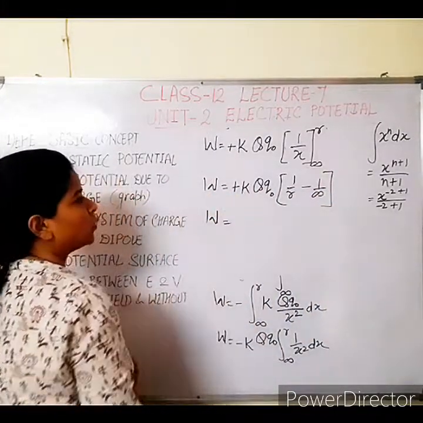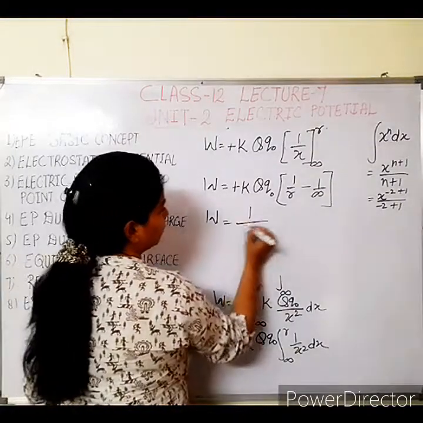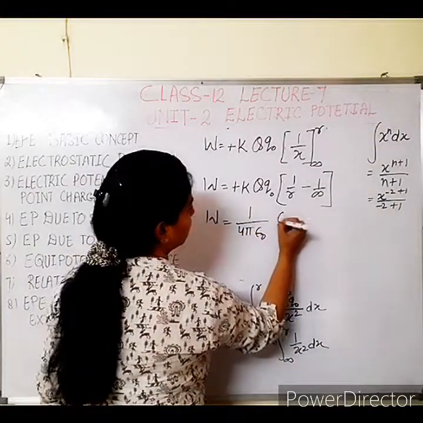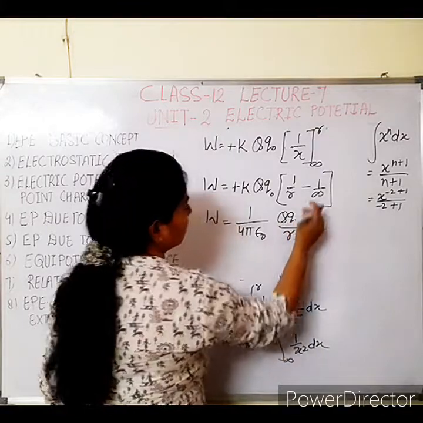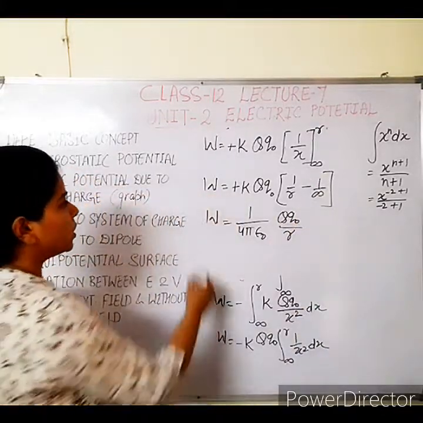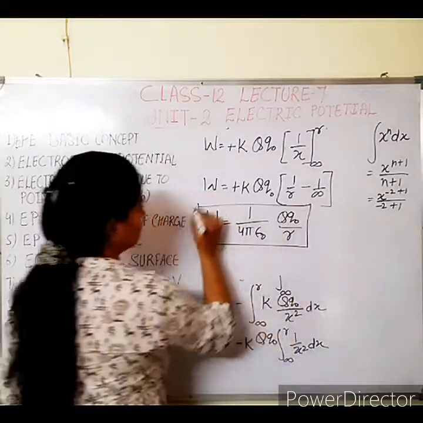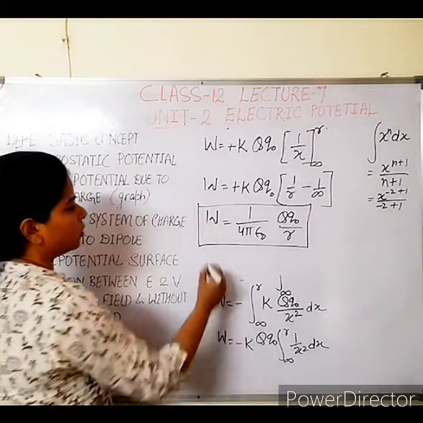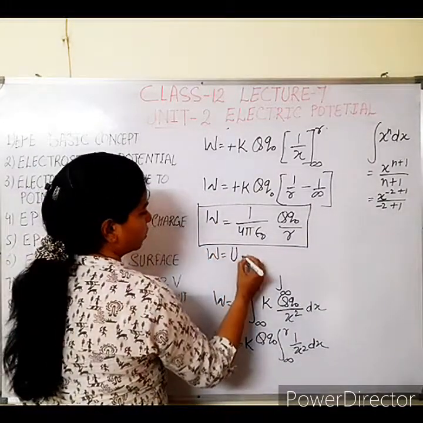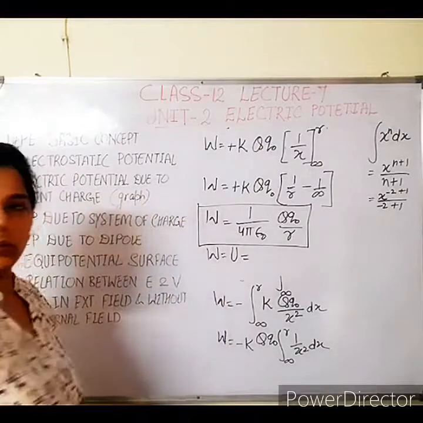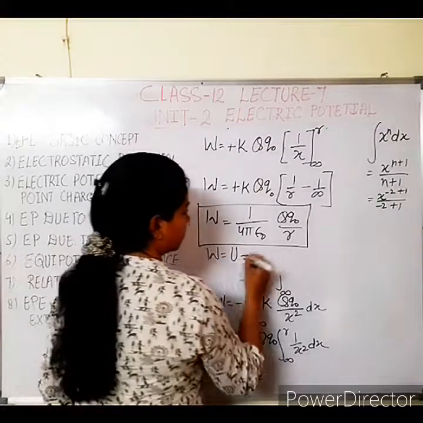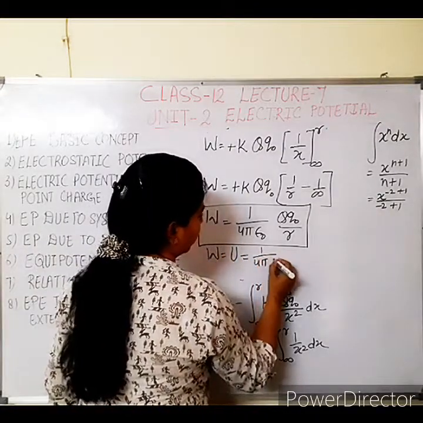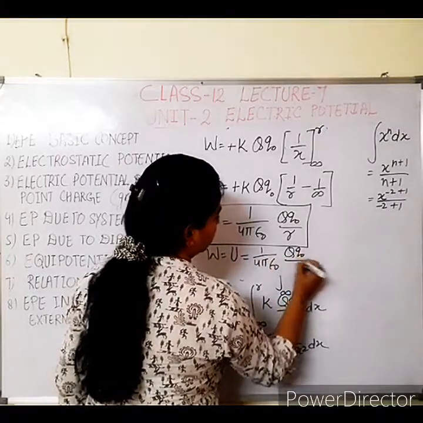Put down the value of K, it is 1 over 4 pi epsilon naught, Q naught over r. 1 over infinity is 0. So this is the result for U. That is W, and W is equal to U. So now we got the value of U as 1 over 4 pi epsilon naught Q naught over r.